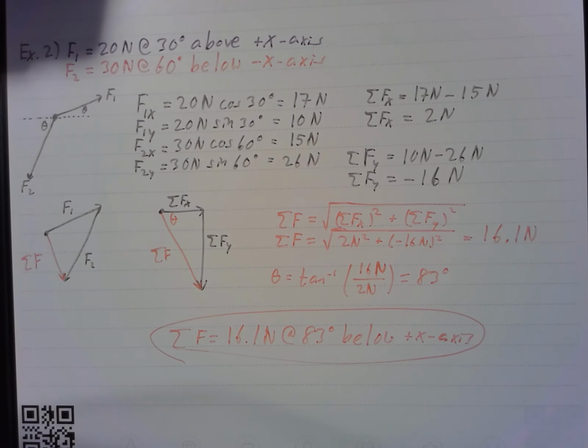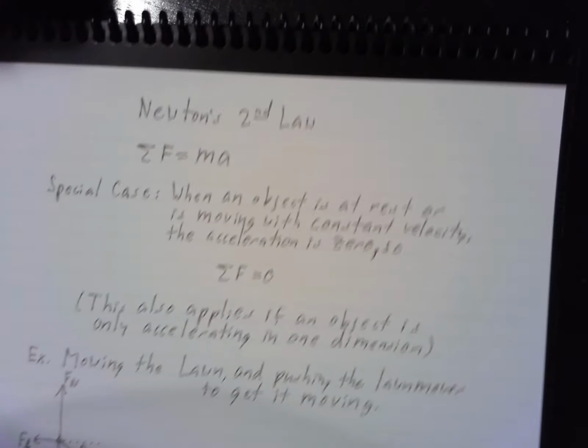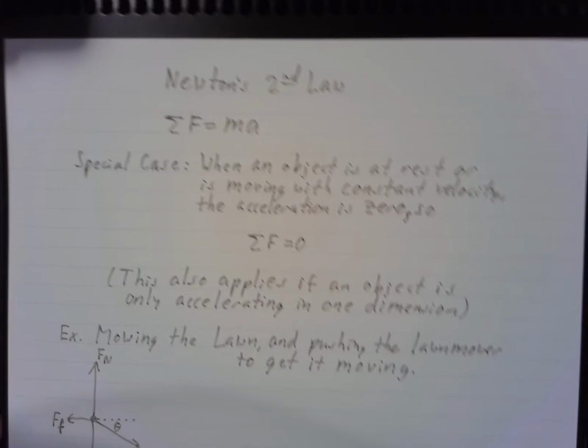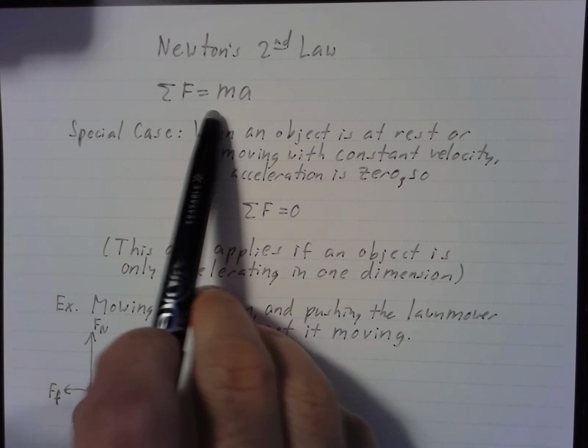So we've made it to almost the end of the video, and we have to talk about Newton's second law, because one of the huge focuses of this course is putting this idea of net force into practice. So here are some notes on Newton's second law. Maybe you pause and write it down and then listen to me talk about it for a minute. Net force is equal to mass times acceleration.